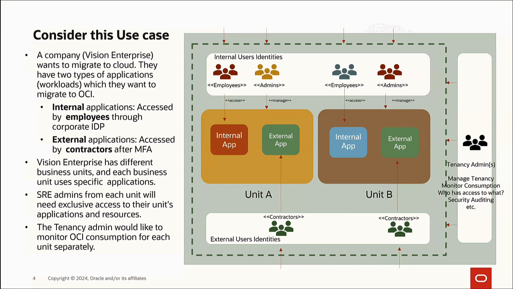And the same applies for the admins and the employees and the contractors of Unit B. So that's obviously a typical use case that we work with when we're managing identities and helping customers onboard onto the cloud.